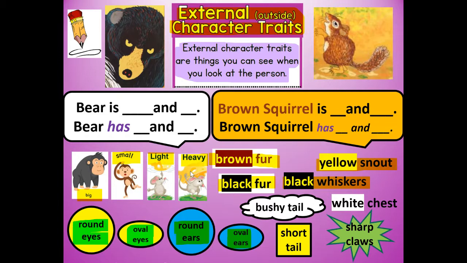Well, I would say brown squirrel has oval ears. So you could write brown squirrel has oval eyes and oval ears. So push pause, write that sentence. Brown squirrel has oval eyes and oval ears. And when you're finished with that sentence, push play.